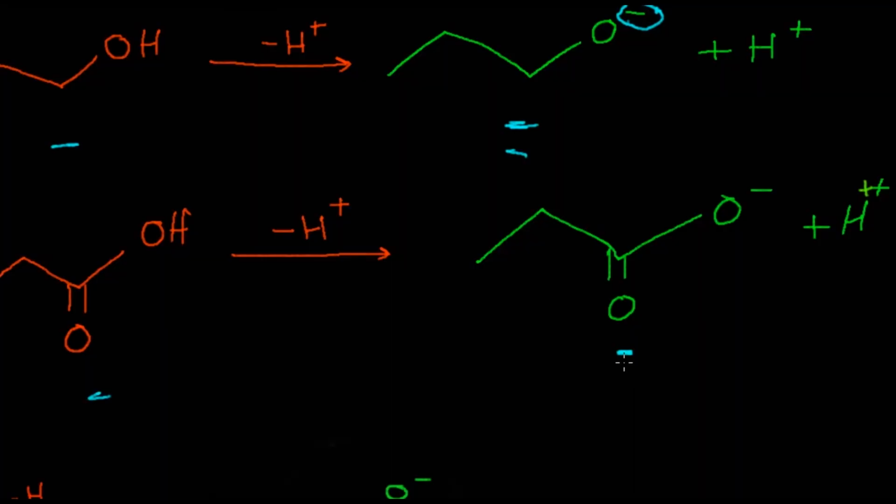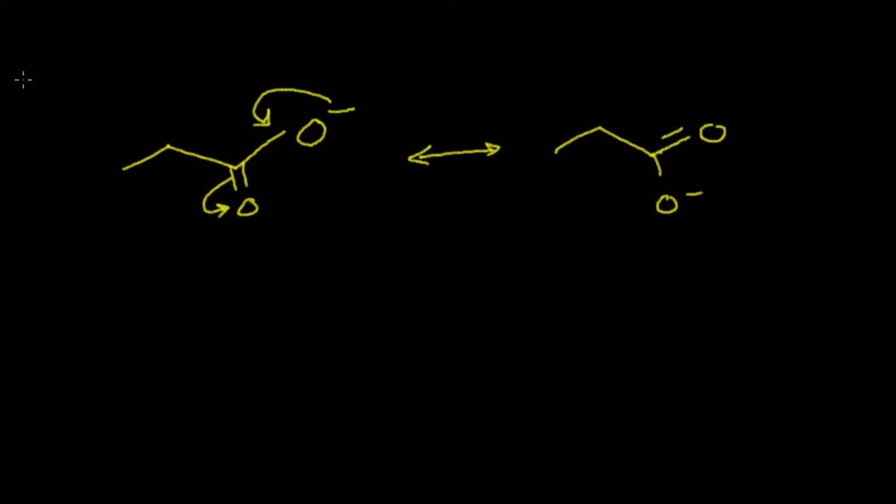But in case of the conjugate base of the carboxylic acid here, the negatively charged oxygen can donate its electrons to form a double bond between this carbon and the oxygen, and this bond can go to this oxygen forming a negatively charged oxygen. So we get two resonating structures.